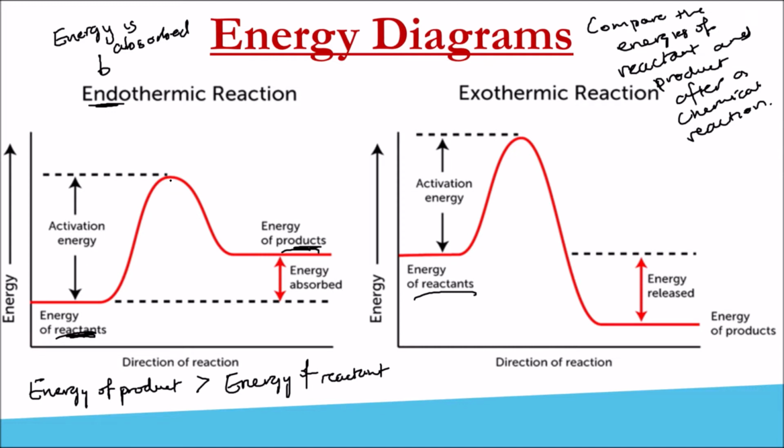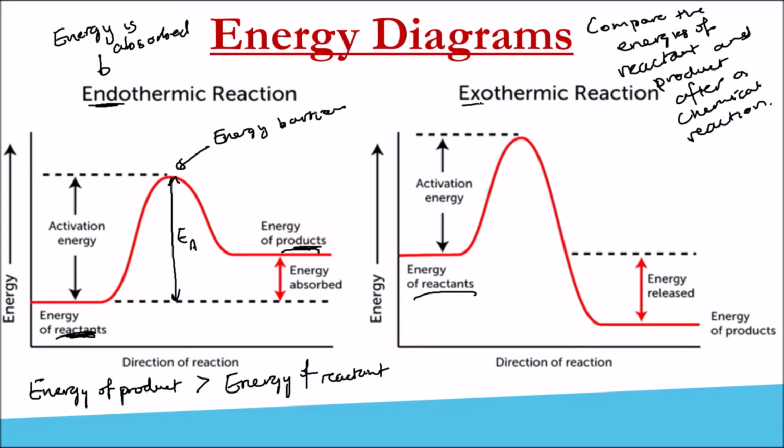You can see here we have this hilltop shape. This is known as the activation energy. It's almost like the energy barrier required for the reaction to occur. If your reaction doesn't go over this energy barrier, you will not have a chemical reaction.